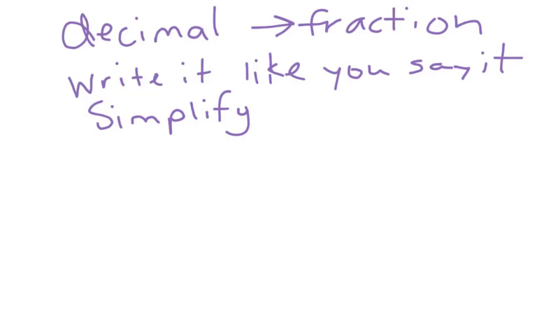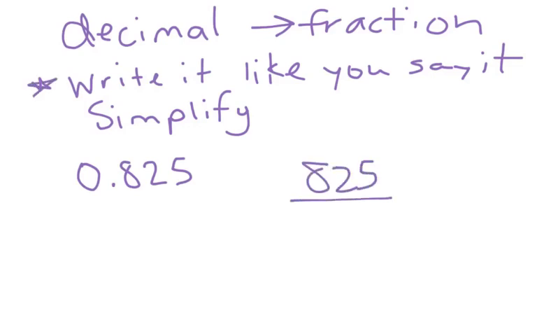And so let's say we have the number 825 thousandths, and I want to write that as a fraction. So again, I write it like I say it. So 825 thousandths. That's how I write it as a fraction. However, I know that I can simplify it. I know that it can be divided by 25 because I know anything that ends in 25 can be divided by 25, and anything that's a multiple of 100 can also be divided by 25.